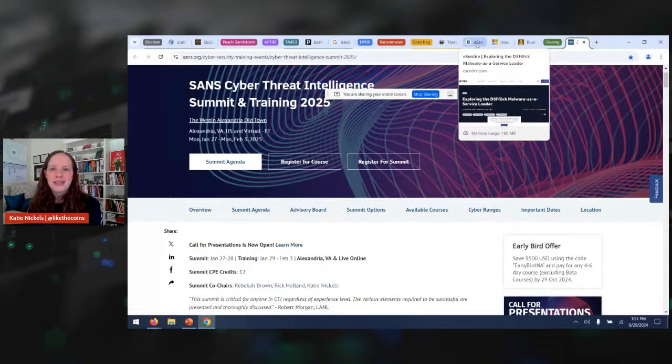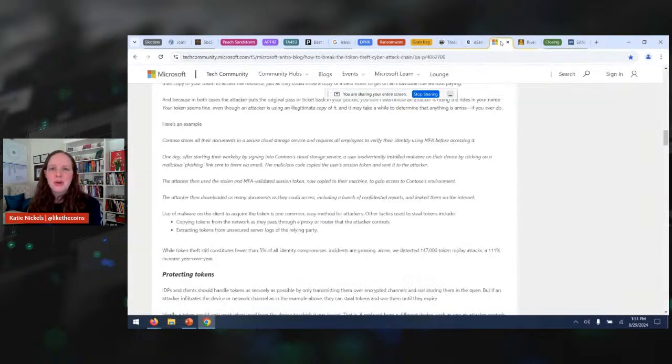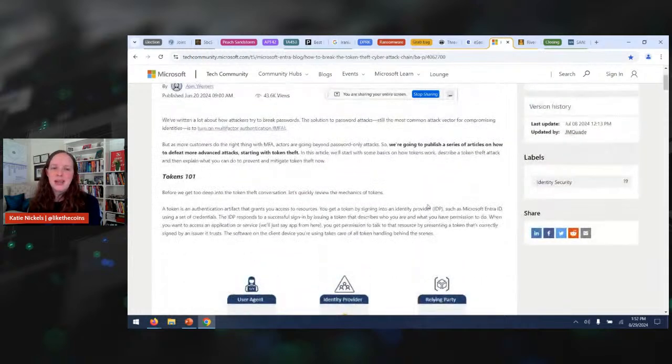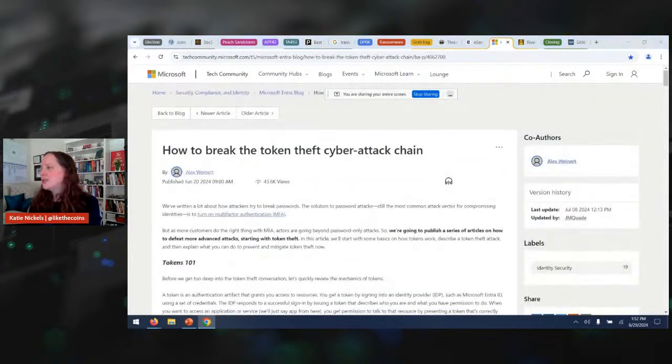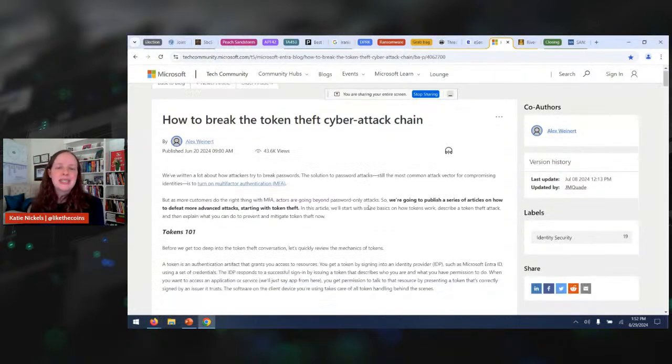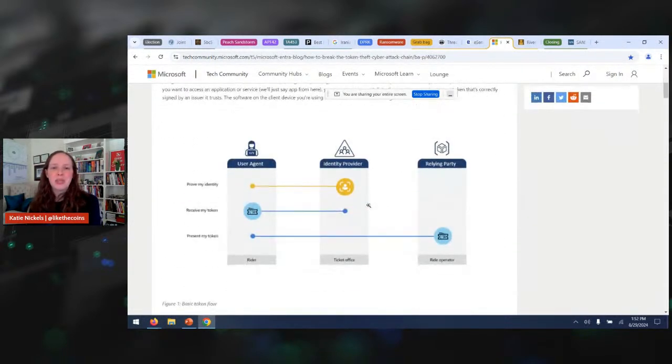All right, we are running up on time, so I want to highlight this Microsoft post. Again, I've highlighted how I really enjoy Microsoft's visuals, and this caught my eye because not just graphics, they actually have little GIFs here, little looped videos.